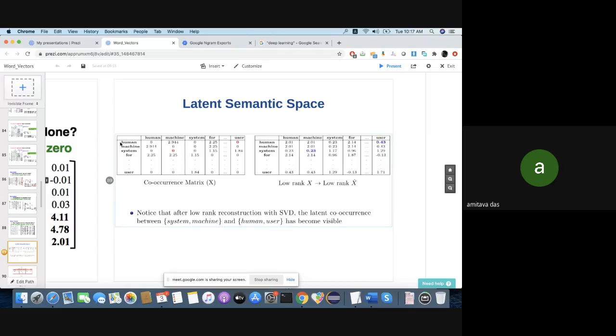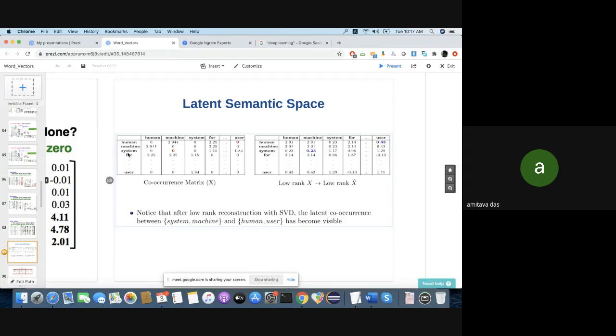If we really go by the co-occurrence, human and user will never come very close. Why? Because they never co-occur. They are basically complement to each other. When human occurs, user does not occur, and also system and machine will never co-occur because they're complement.